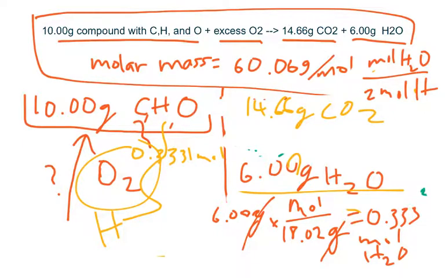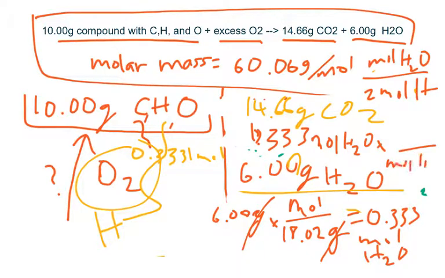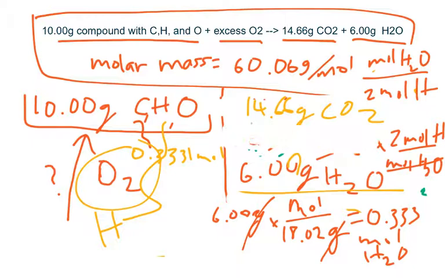So I think that we multiply 0.333 moles of H2O times this conversion factor, so moles of H2O on the bottom, and on the top we have 2 moles of H. So the moles of H2O cancel out, and 0.333 times 2 is just, well, 0.666.